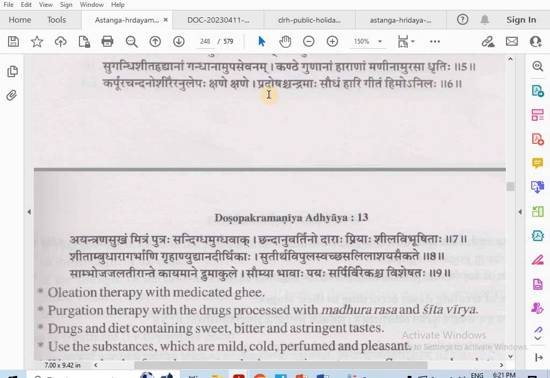Okay. So next we have Pradoshas Chandramaha Saudam Hari Geetam Himonilaha. Pradoshaha, evening time. In the evening time, Pradoshaha plus Chandramaha. Chandramaha means moon. Saudam. Now Saudam is actually the walls painted with white color, or lit with white color. So you use a terrace, right?